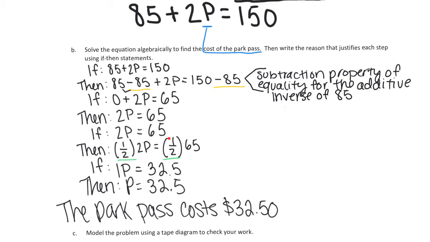If 2p equals 65, then we have to take the multiplication property of equality using the multiplicative inverse of 2.